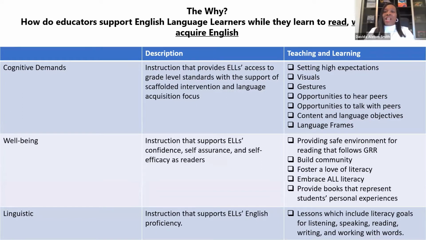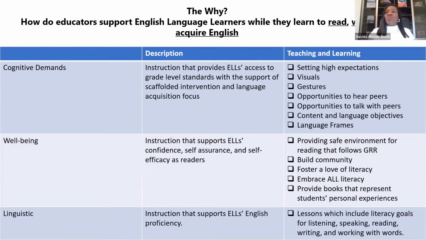But look here, these are those cognitive demands. We want to allow them to access grade level standards, of course through supports and scaffolded interventions, but we have to expose them to grade level standards and set high expectations.